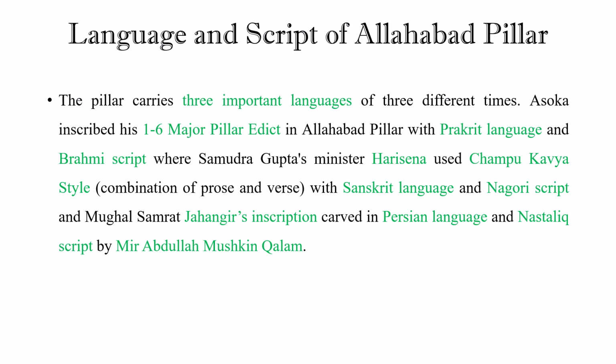Ashoka inscribed his six major pillar edicts in the Prakrit language and Brahmi script, whereas Samudragupta's minister Harisena used the Champu Kavya style, which is a combination of prose and verse, with the Sanskrit language and Nagari script. And the Mughal Emperor Jahangir inscribed on this pillar in the Persian language and Nastaliq script by Mir Abdullah Mushkin Qalam.